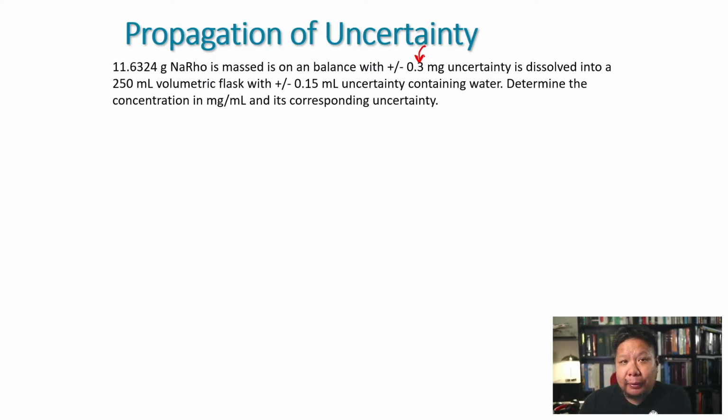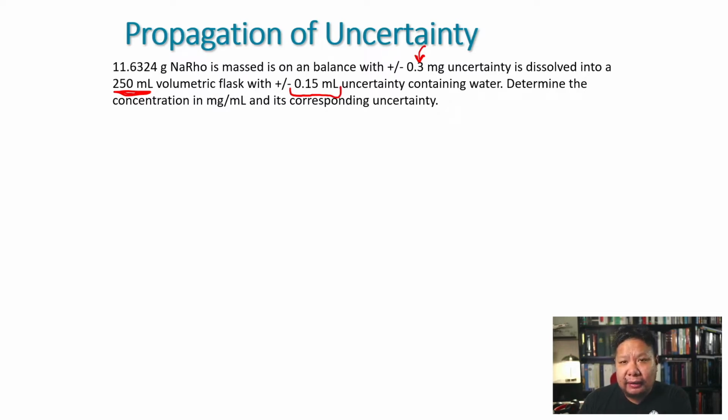So this 11.6324 grams of sodium rhodizonate was dissolved into 250 mL, right, in a 250 mL volumetric flask containing water. This volumetric flask had an uncertainty associated with it of plus or minus 0.15, right?